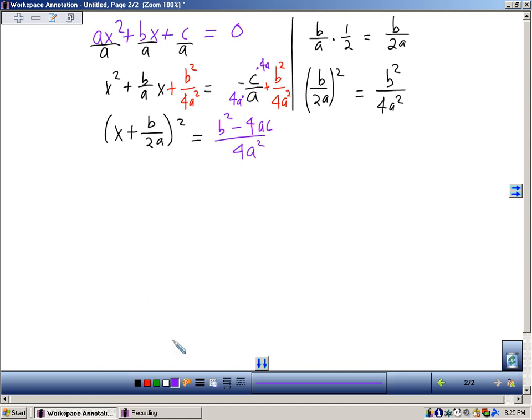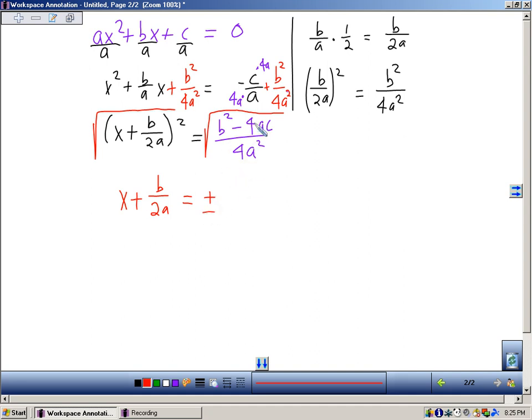So now let's take the square root of each side. So this becomes x plus b over 2a equals plus or minus the square root.